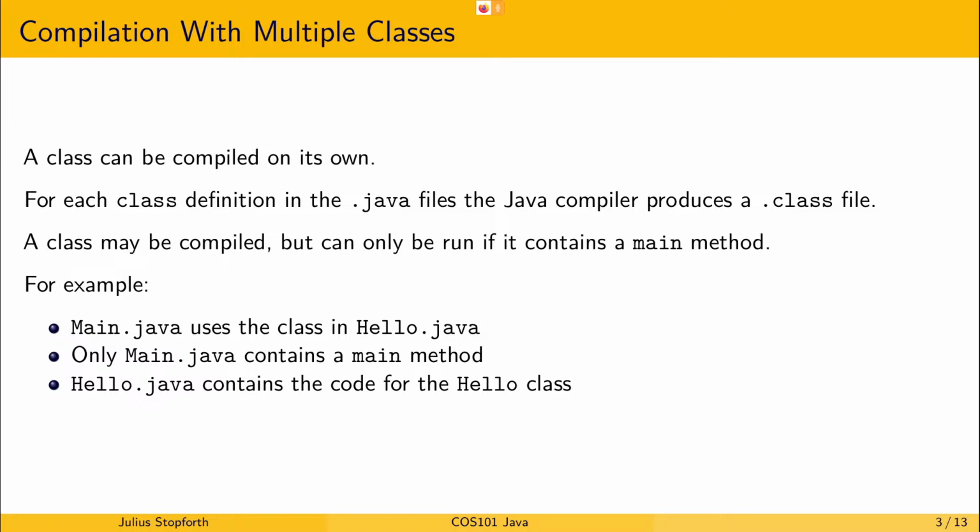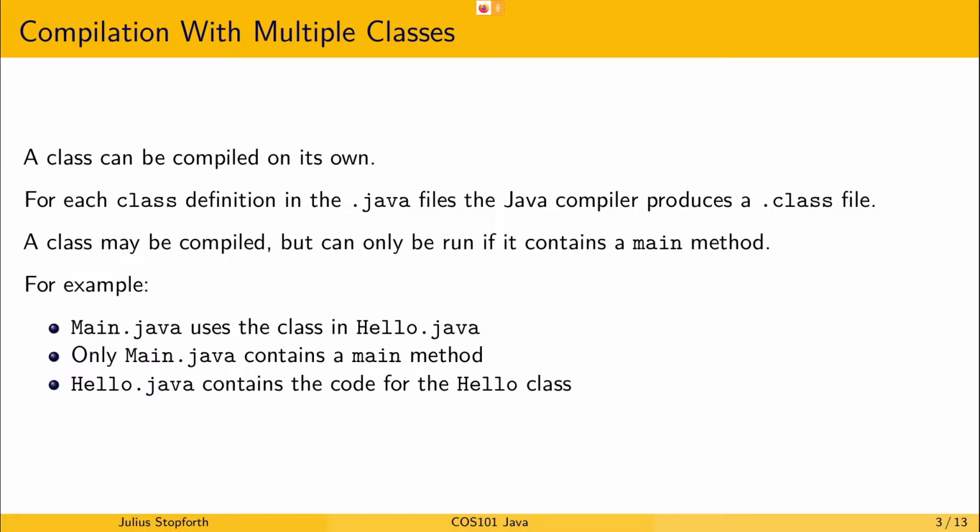Every class in Java has a .java source code file, and every class definition. In your file you can actually have multiple class definitions, called inner classes or nested classes. We'll look at that a bit later.